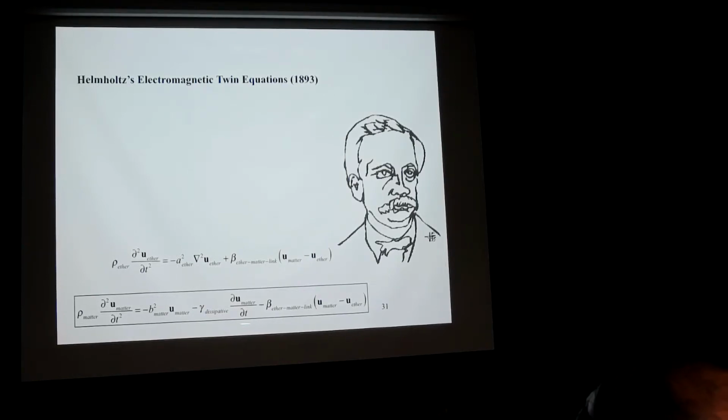You build an equation here for matter itself. This has that dissipative term in it. And then you have the ether-matter link over here. And here you have the transverse wave equation for ether. You have a similar one for matter. And now you don't put dissipation in the ether, you put it in matter, and you put the ether-matter link here as equal and opposite to what it is down here. Run those equations through, and you have a complete explanation, quantitative, of anomalous dispersion. Works perfectly.